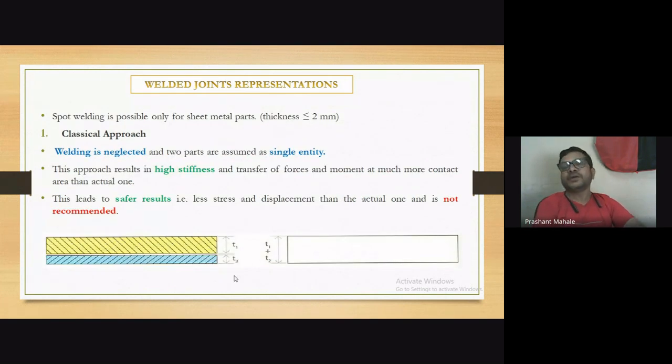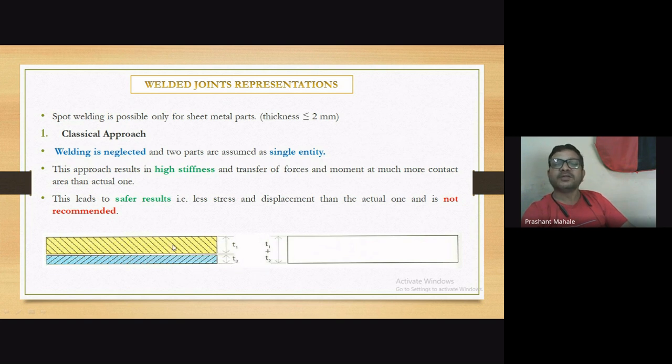The basic fundamental considered for representing welded joints is this. If I need to join these two plates, one you can see in yellow color, can you see? And the second you can see in blue color, and hatching is done for that. Yellow has thickness T1 and blue has thickness T2.